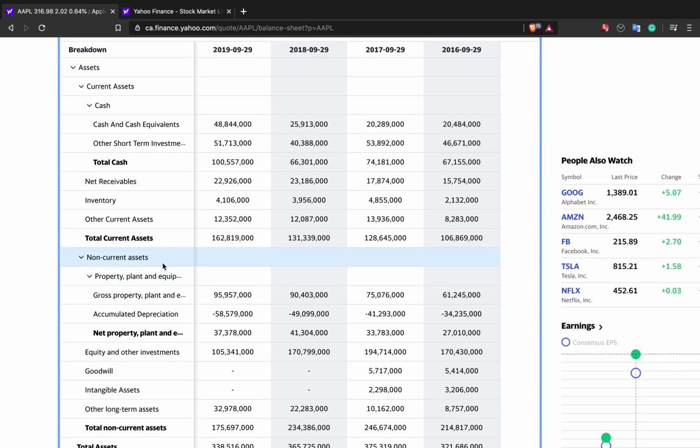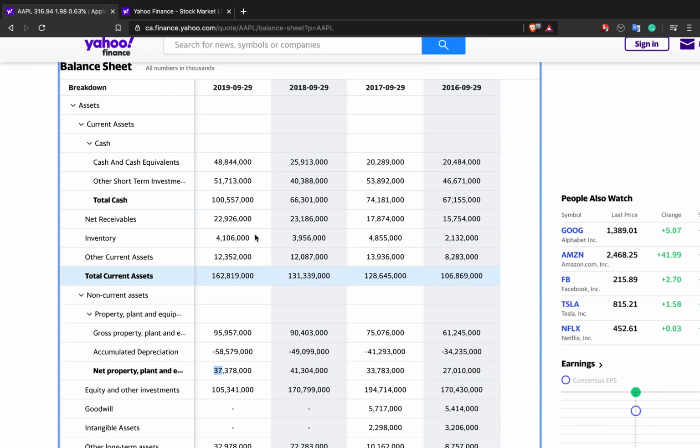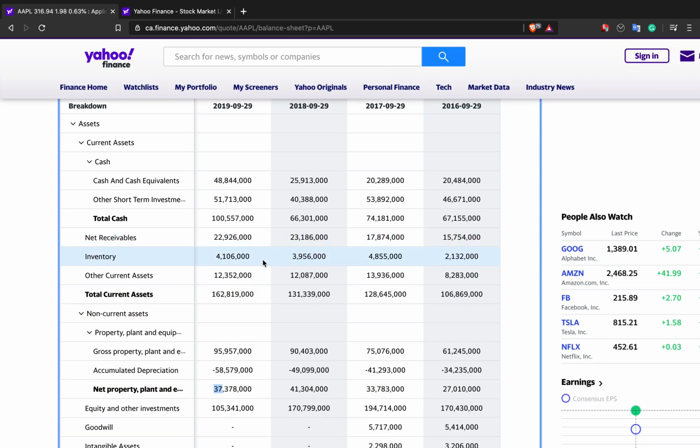Now let's look at their non-current assets. Assets like property, plant, and equipment total up to $95 billion, and the depreciation from the gross property, plant, and equipment is about 58 billion, leading them to a net total of about 37 billion. Now, if you look back at the current assets tab, you can see that $162 billion worth of assets can be liquidated and converted to cash within a 12-month period.